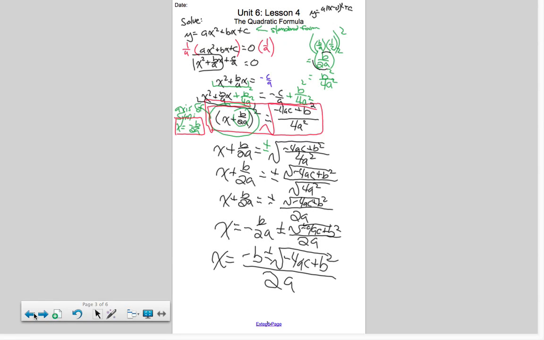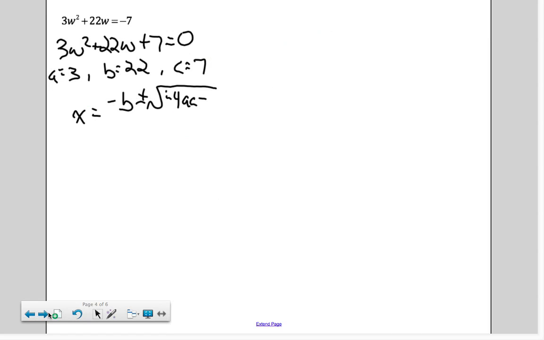It doesn't matter. Jordan likes to do it this way: b squared minus 4ac, all over 2a. Actually, I like that form better. We'll call it the Jordan way. I'll write it down, JW.